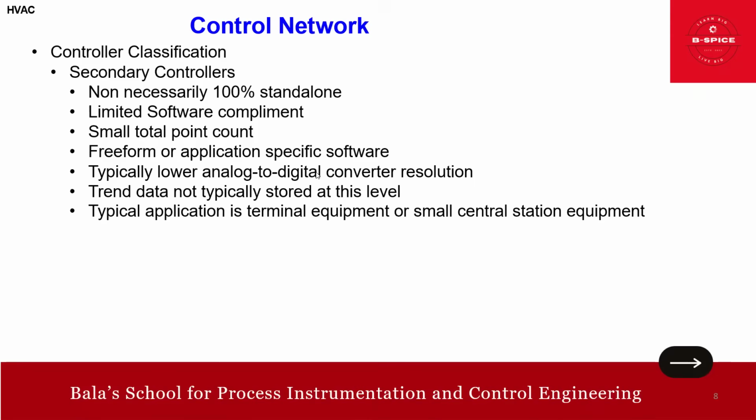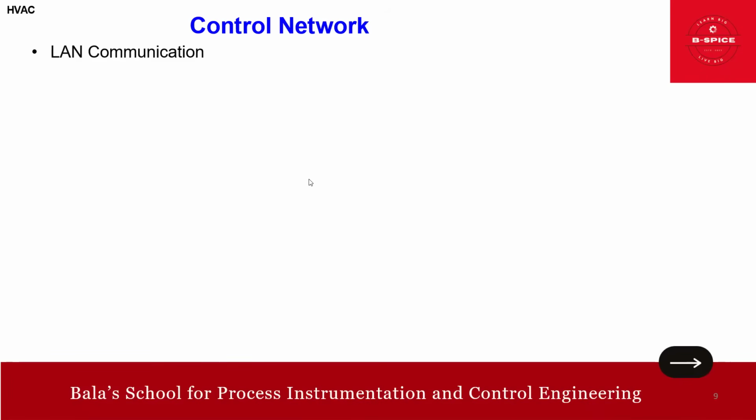Okay. And additionally, we have LAN communication also, which I already told, right? So the controllers and all devices on the network communication can be characterized as peer-to-peer. The controllers on a peer-to-peer LAN may be primary or secondary controllers.